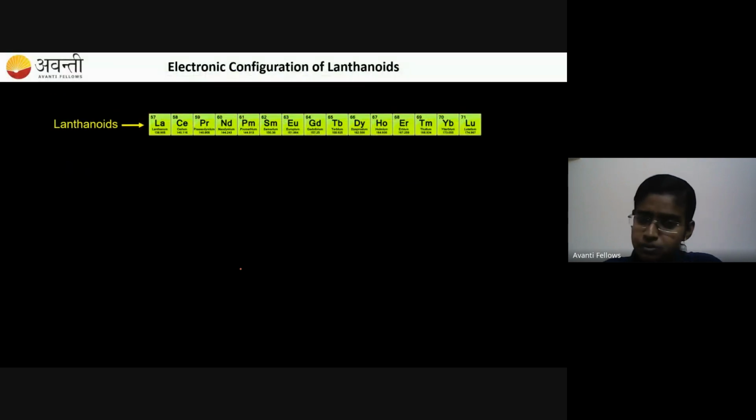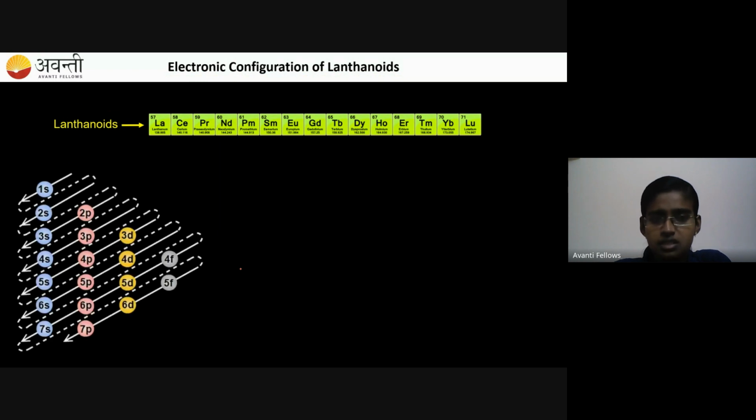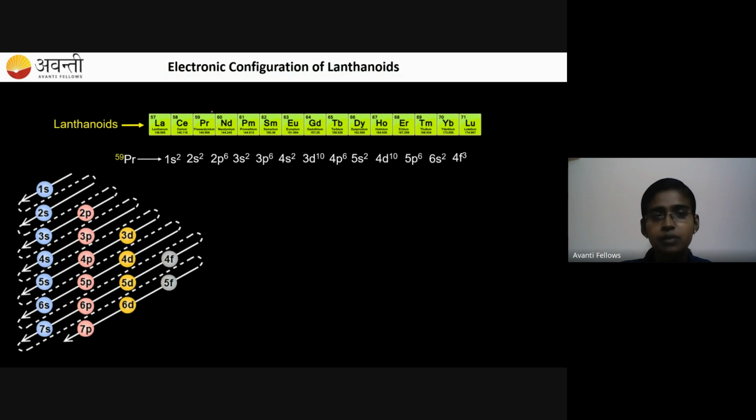Lanthanoids are called the 4f series and actinoids are called the 5f series. Now coming to the electronic configuration of lanthanoids, this is the energy levels which we will be using to fill up the electrons according to the energy level. So in case of praseodymium, which is a lanthanoid, the electronic configuration runs like this.